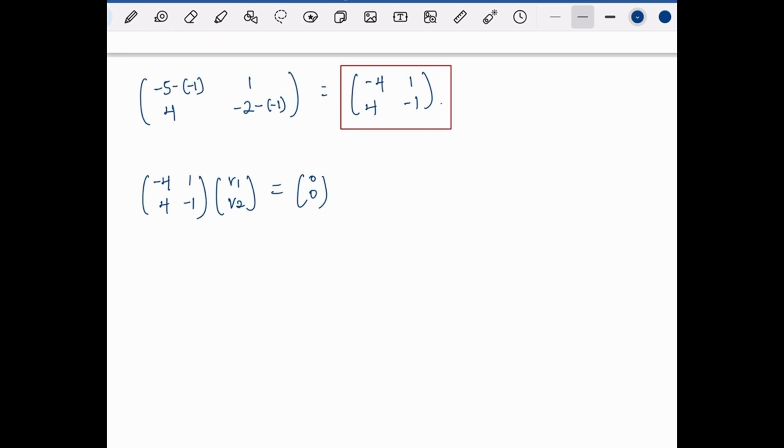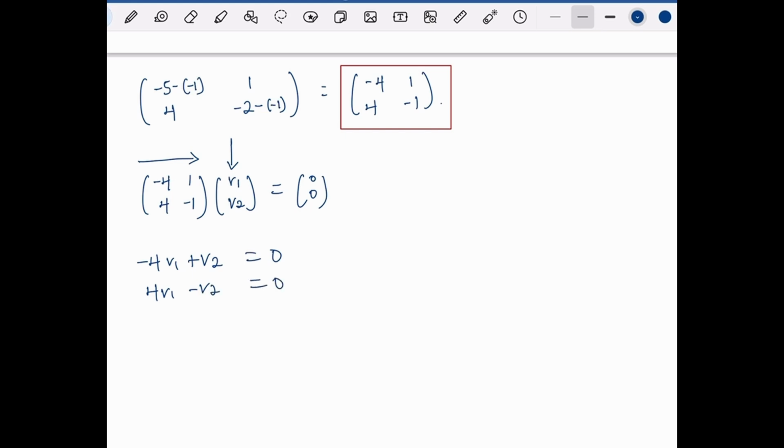So let's multiply the vector and the matrix. In this case we move row wise for the matrix and column wise for the vector, right? So here we get minus 4 v1 plus v2 is equal to 0, and 4 v1 minus v2 is equal to 0.